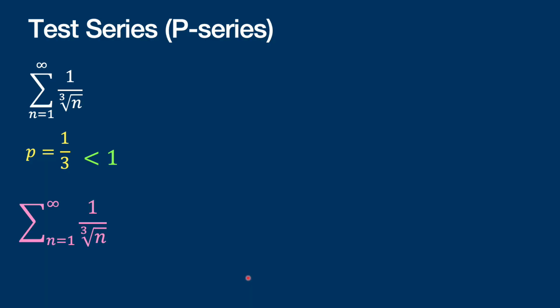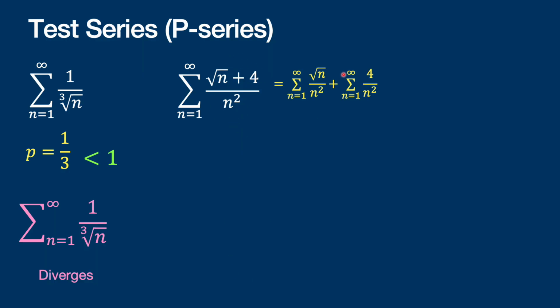Let's have more examples for the P series. Summation of 1 over the cube root of n. What is the P value, guys? The P value is 1 over 3. That's less than 1, so that series diverges. Next one looks complicated. Let's simplify this term, guys. I separate it into square root n over n², and 4 over n². The second term converges because the P value is 2, greater than 1. Let's simplify the first one. Square root n over n² is 1 over n times the square root of n. What is the P value here? n times the square root of n, we did it, right? P is 3 over 2, so the P value is greater than 1.